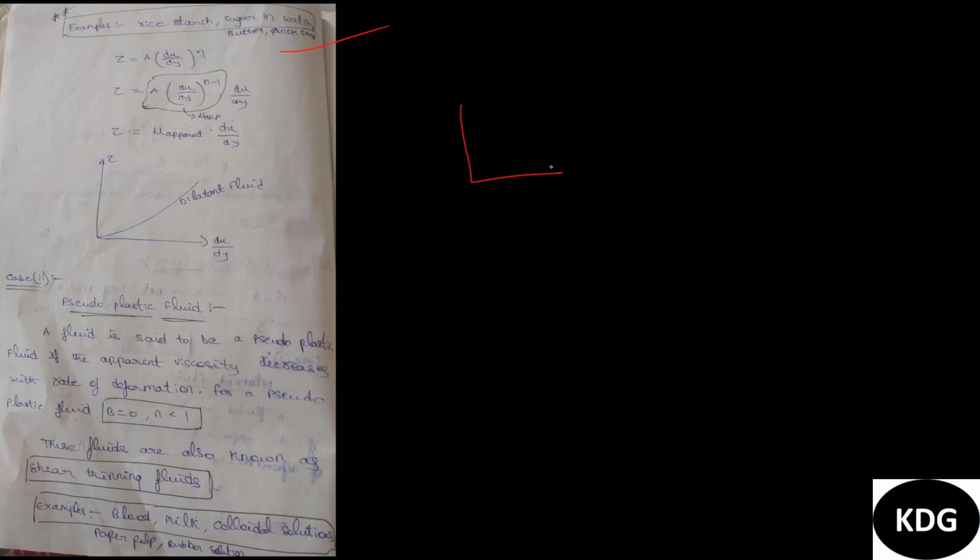Examples are rice starch, sugar in water, butter, quicksand, etc. The dilatant fluid plot will not be a straight line because it is not in the straight line equation form. Next is pseudoplastic fluid. A fluid is said to be pseudoplastic if the apparent viscosity decreases with rate of deformation.